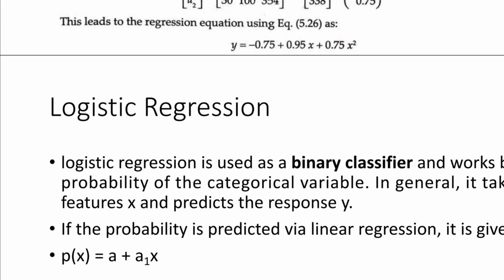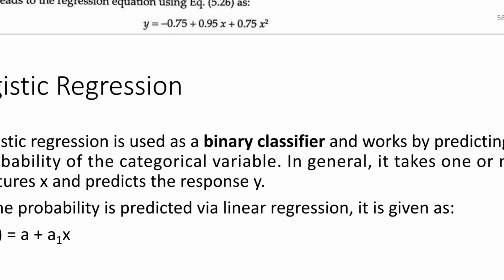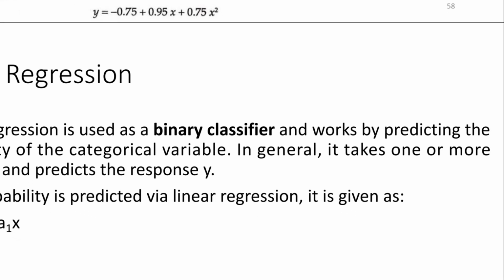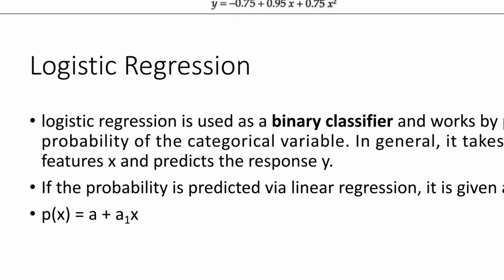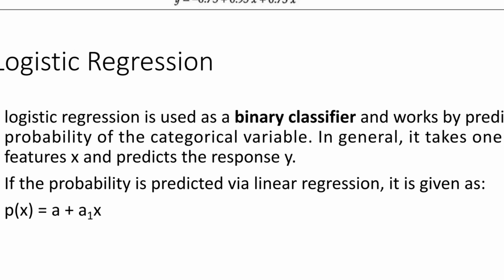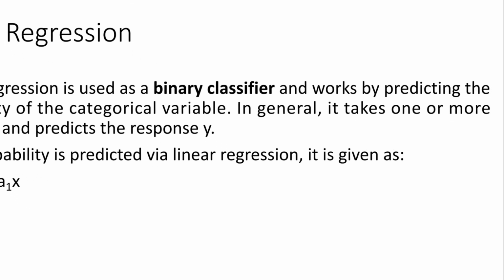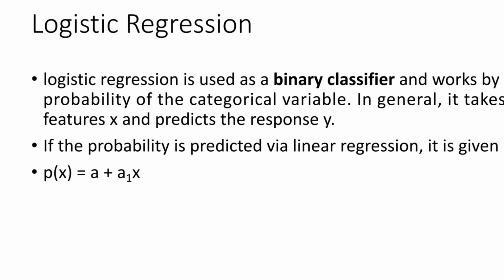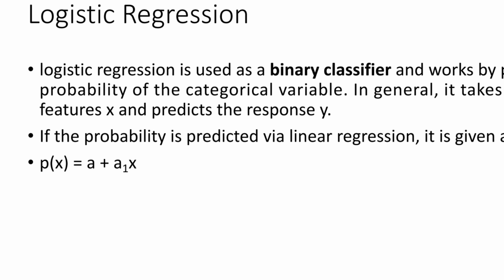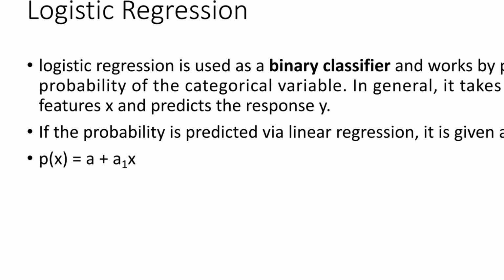Logistic regression. This is used mainly as a binary classifier, which works by predicting the probability of categorical values. In general, it takes one or more features, that is x, and predicts y.